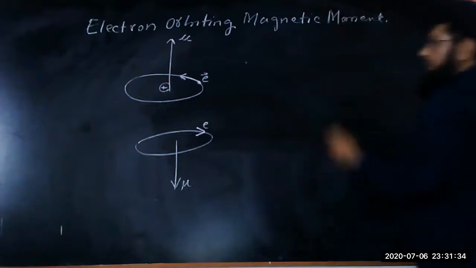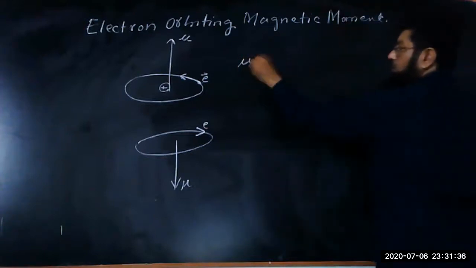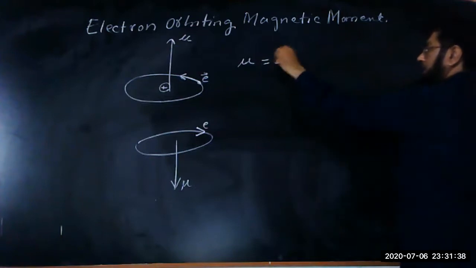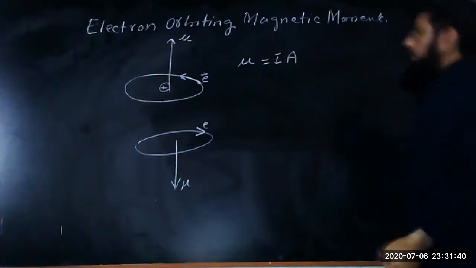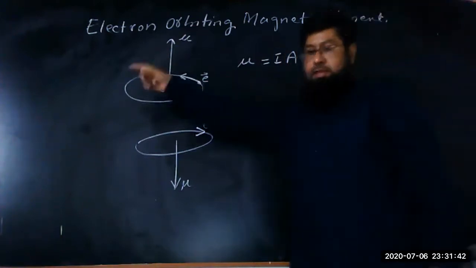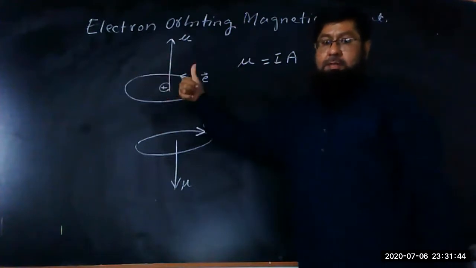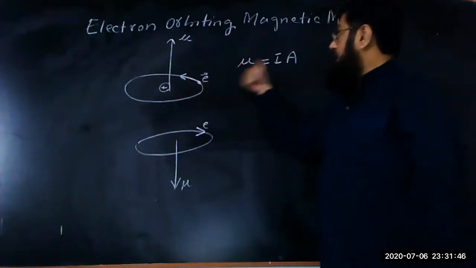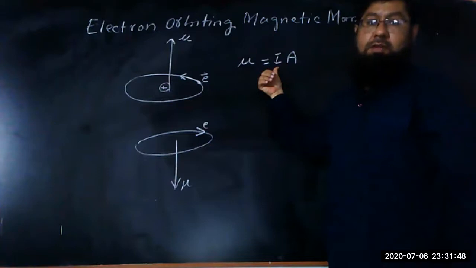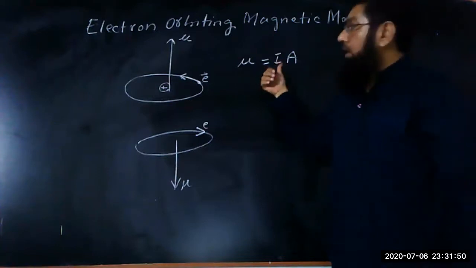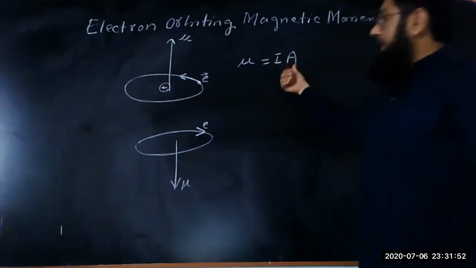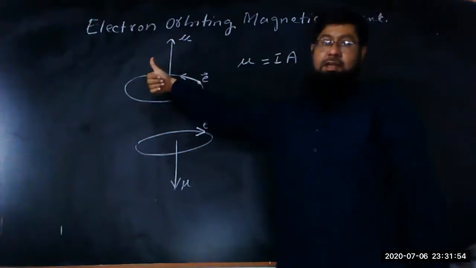Now you know that the magnetic moment mu is equal to the current times the area. I is the current flowing in the orbit, and current is defined as the number of charges flowing per unit time, or the rate of flow of charges, and A is the area of that loop.